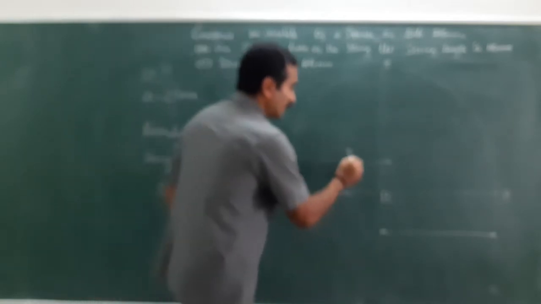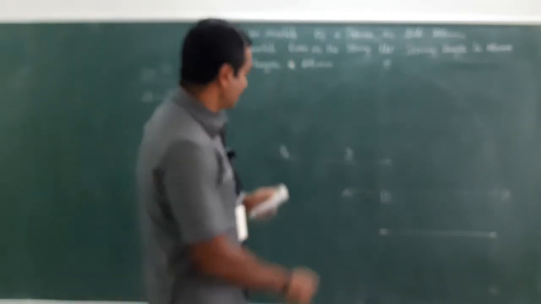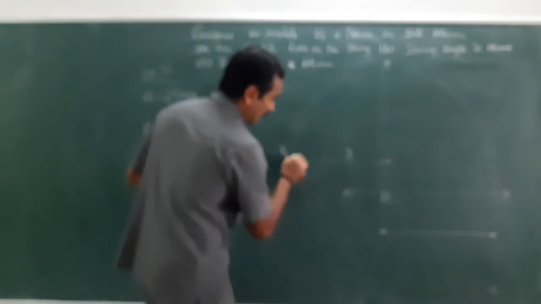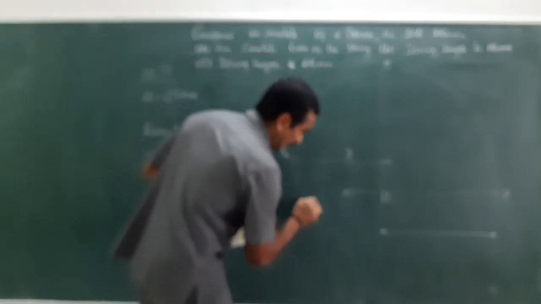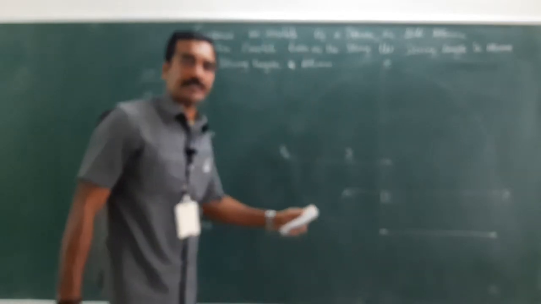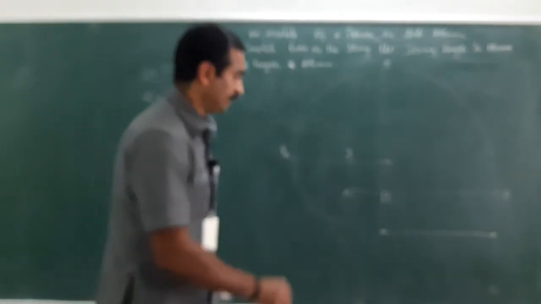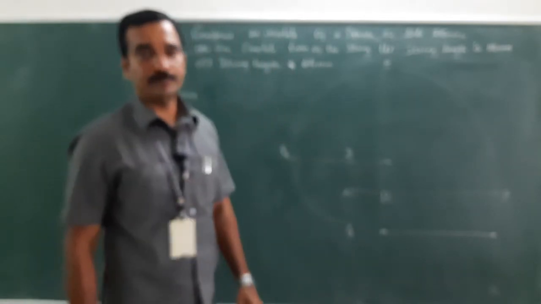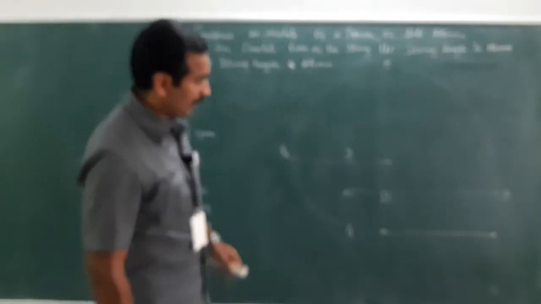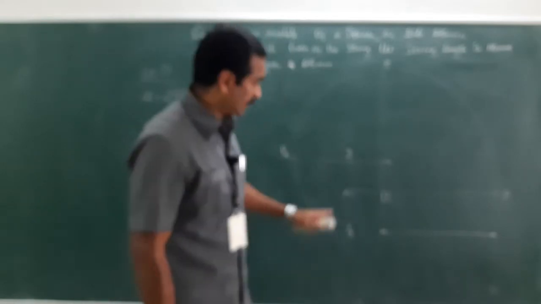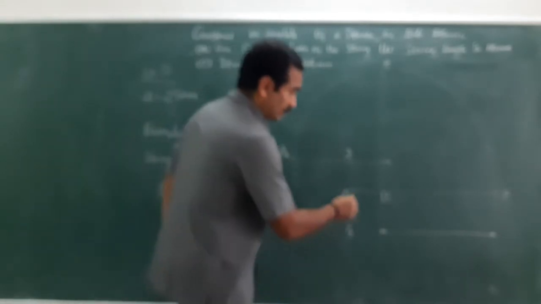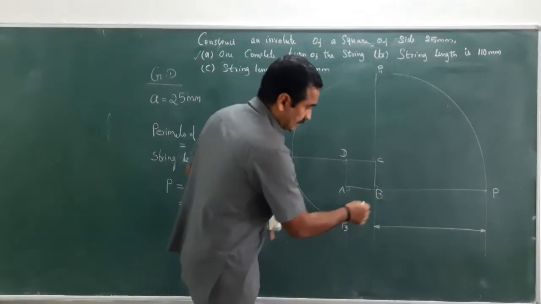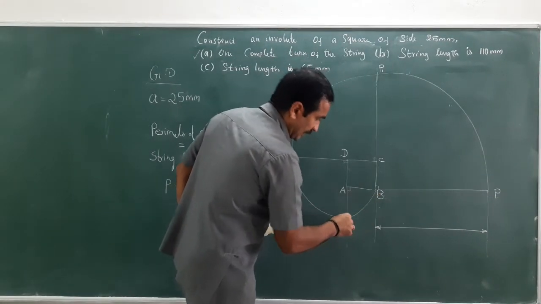Now, with D as center and DP2 as radius, cut an arc till it intersects the line extended from point A. This is denoted as P3. Clear? Now, with A as center and AP3 as radius, measure this distance in your compass and cut an arc.